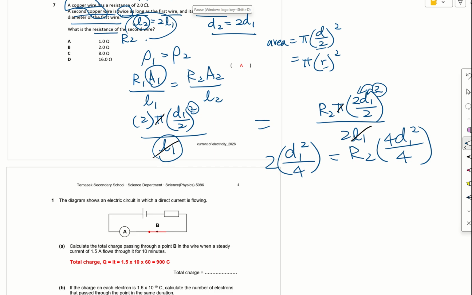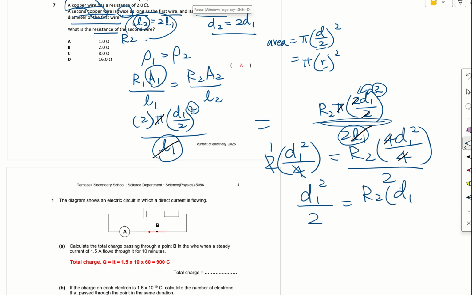Okay, so in fact, if you are fast enough, you can cancel the 2. So that is what I'll be doing. I'll be cancelling the 4 and 4. But please take note, there is still a 2 at the bottom. Okay, so I rearrange everything. I simplify everything. So I have D1 squared over 2 equals R2 D1 squared over 2.